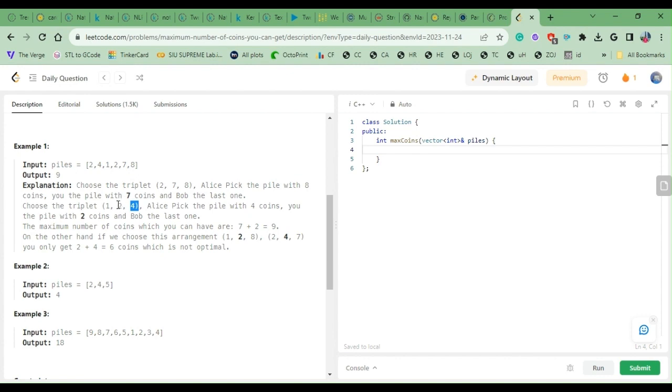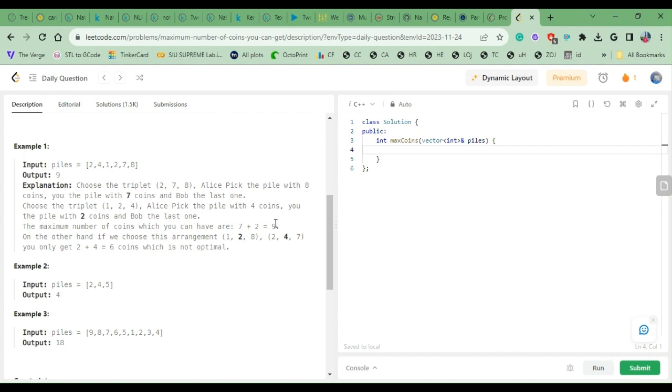And the second biggest is 2, so you pick the 2 coins. And the last one, Bob will pick. So in the first triplet you took 7, in this triplet you took 2. How many did you take in total? 7 plus 2 is 9.